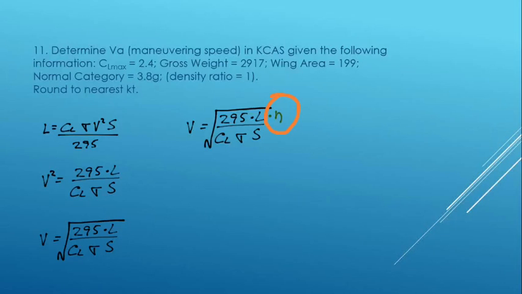So we're simply going to increase the gross weight of the airplane by the load factor, which is the lift that the wing will have to generate at 3.8 Gs. So now we're going to simply plug in the known quantities into the formula.